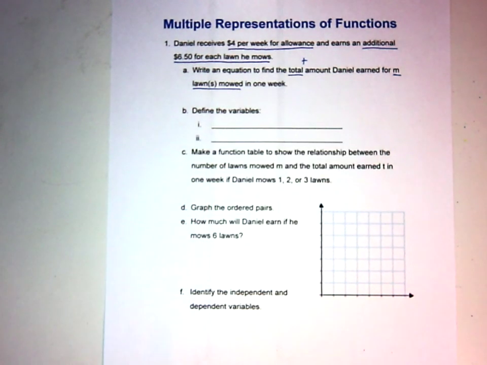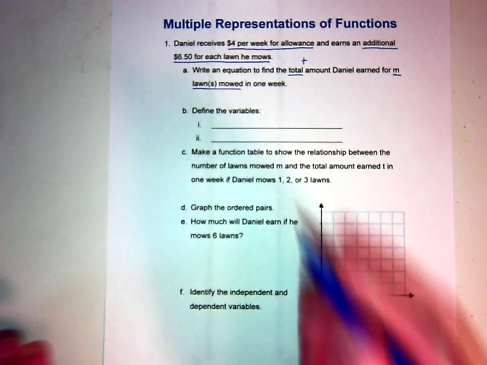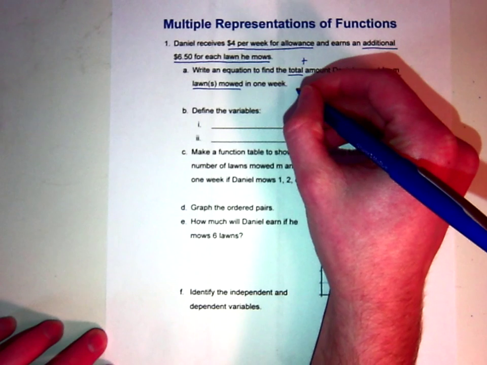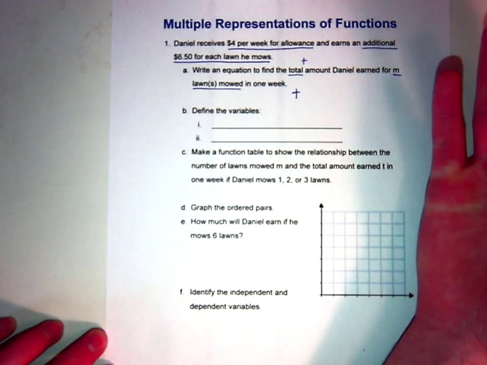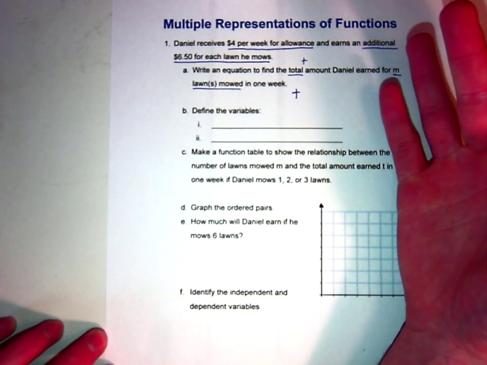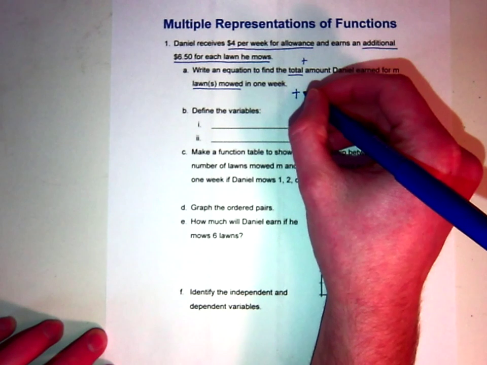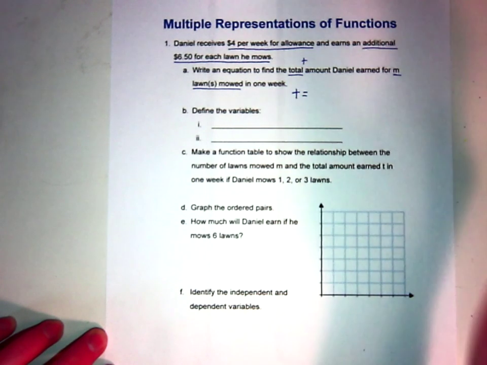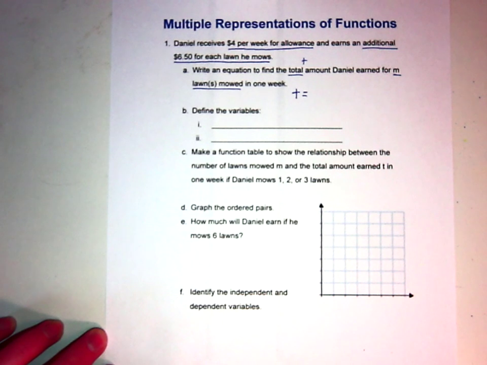So, when we're working with these word problems, we have to learn how to break down what information is there. Okay? So, we need to create this equation. Well, for me, my total, that's going to be on its own side, right? That's like in functions, usually it's represented by y, the output, right? So all this stuff is going to happen in a week, and it's going to equal his total.